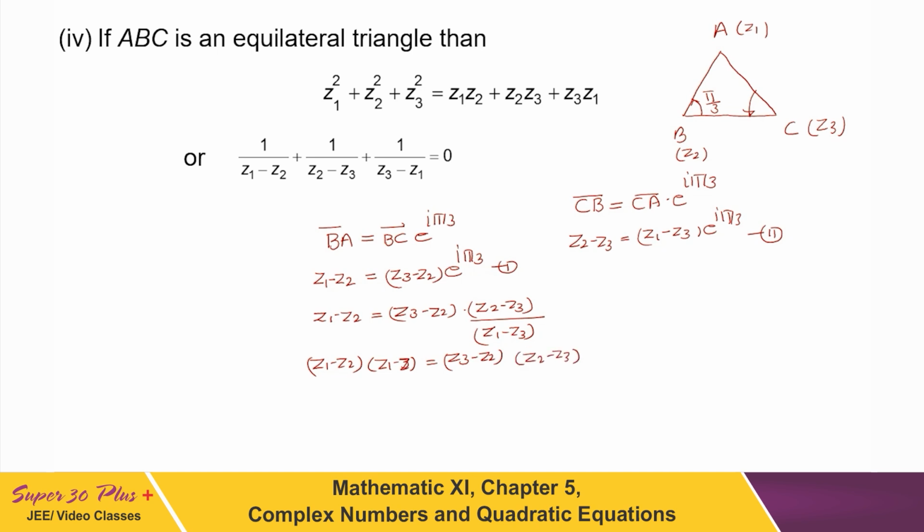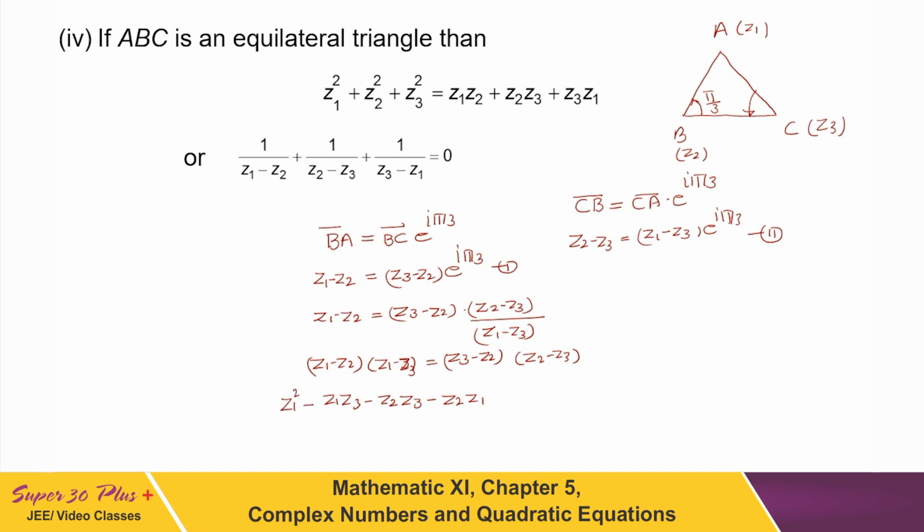Now we are going to multiply it. It is Z1 Z3 minus Z2 Z3 minus Z2 Z1, and here is the Z1 square also.